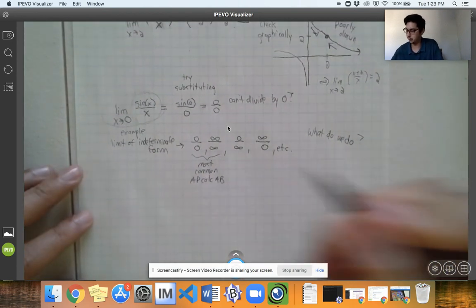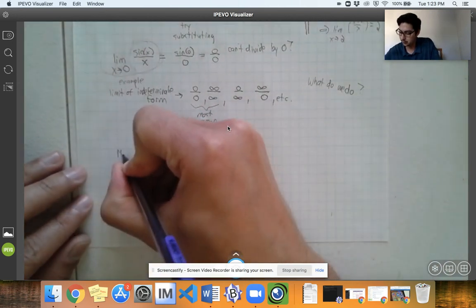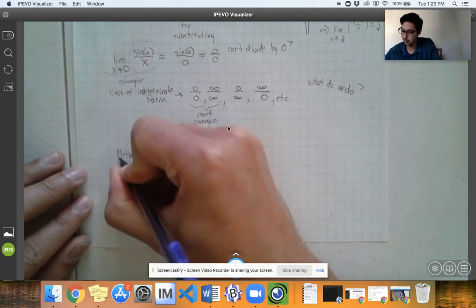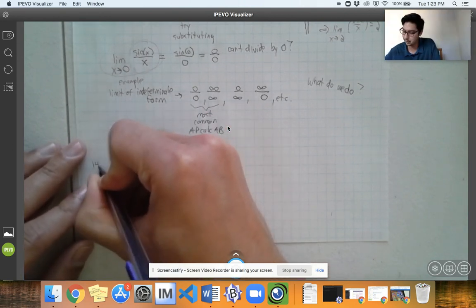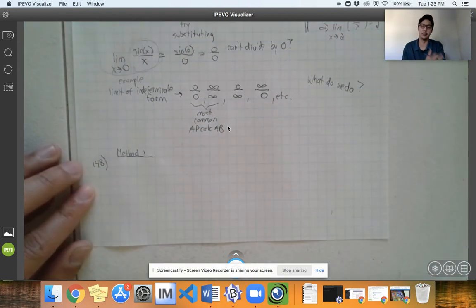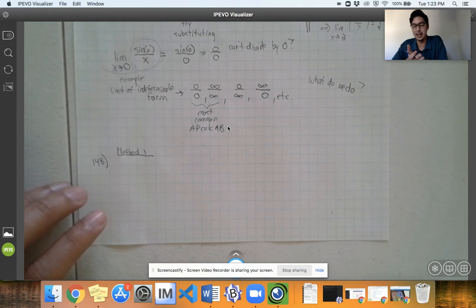One approach you can do, method 1, and this is problem 148. You don't have to do 148, but the problems that I did assign, 150 and 151, are going to ask questions from 148 and 149.